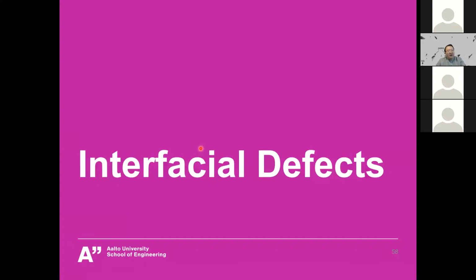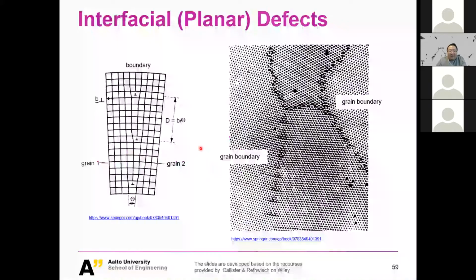Finally, I would like to give you something about interfacial defects. So those are the 2D defects. Actually, to visualize it is also pretty simple, because with the knowledge that you obtained with point defects and dislocations, if we now talk about planar defects or interfacial defects, it's nothing but stacking your dislocations into a plane.